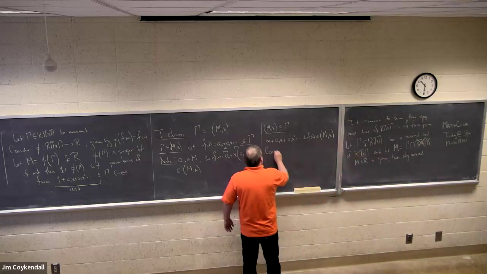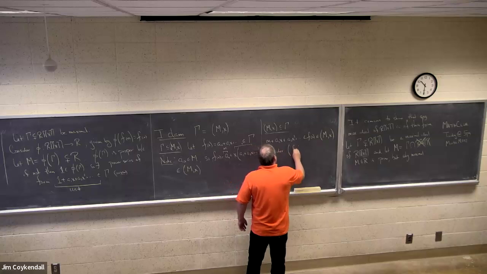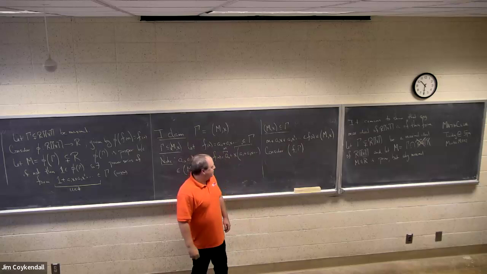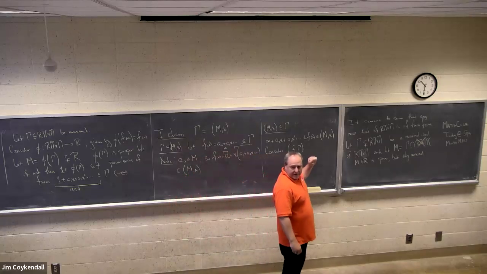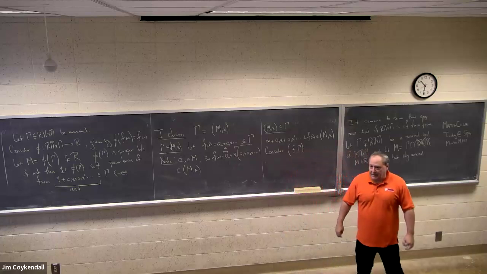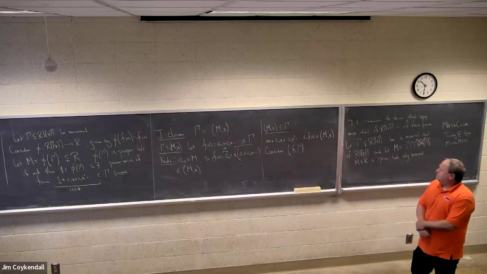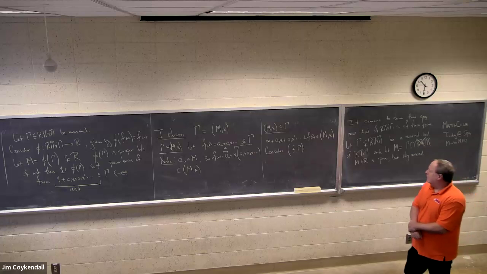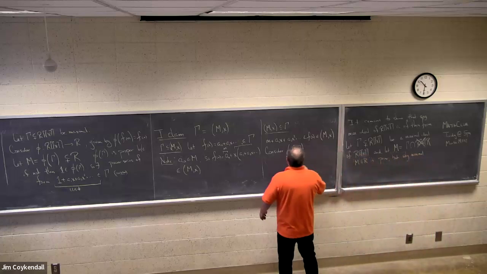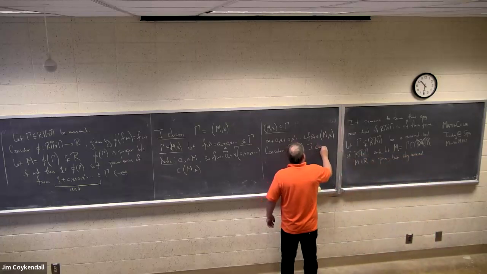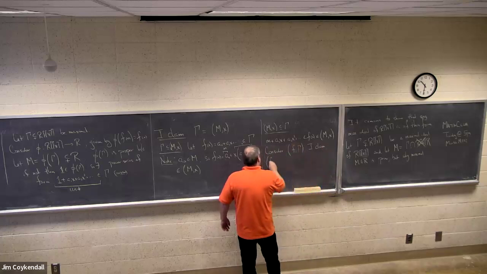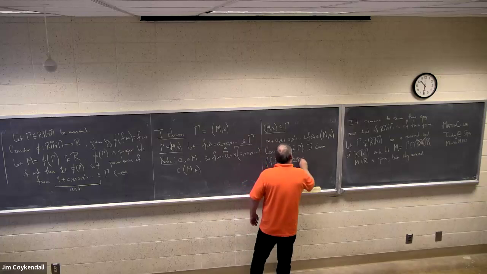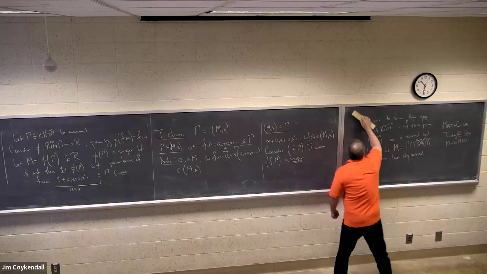Consider the ideal (f, gamma). I claim that this is a proper ideal. And how do I know that? f of 0 can't be a unit. So first I know that this is a proper ideal.